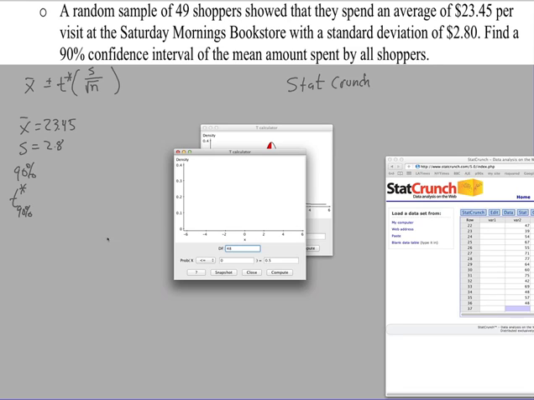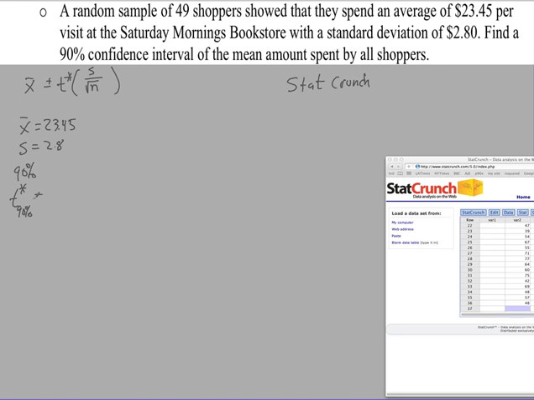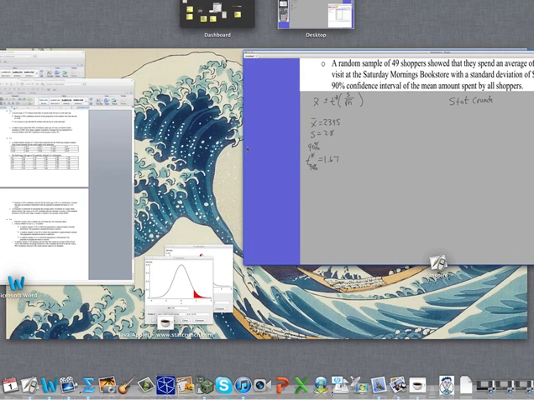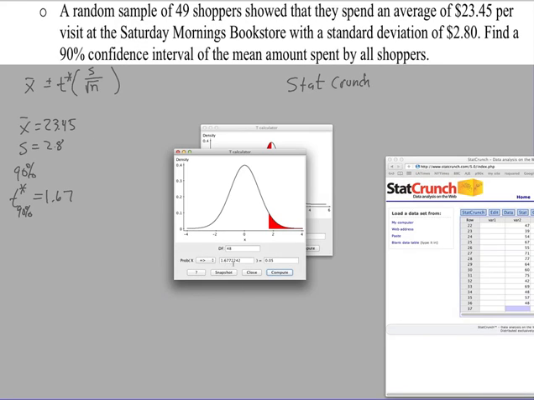The degree of freedom is always one less. If the middle is 90%, then the right tail is 5%. So it's 1.677. Do you see that?